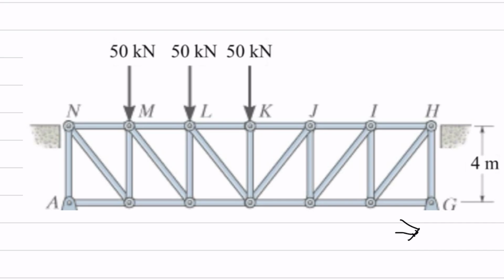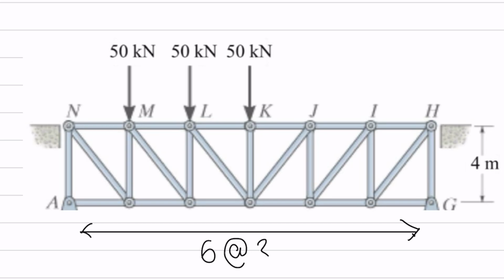Today we will analyze the forces in each member of the given truss structure and determine whether they are in tension or compression. For the first step, we need to identify the given data.